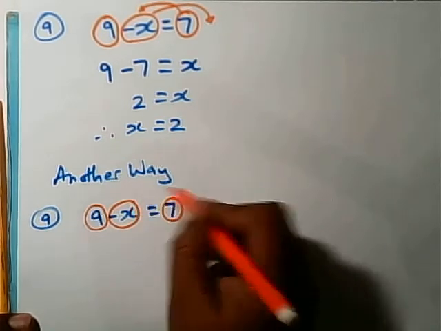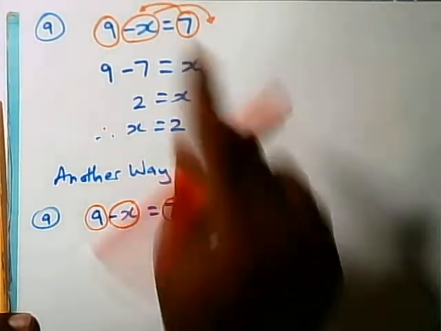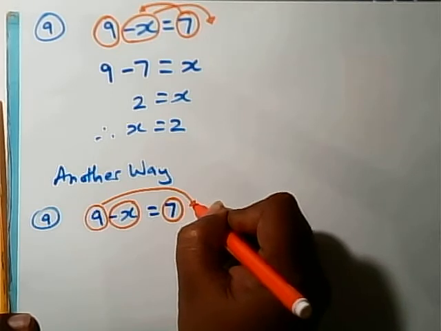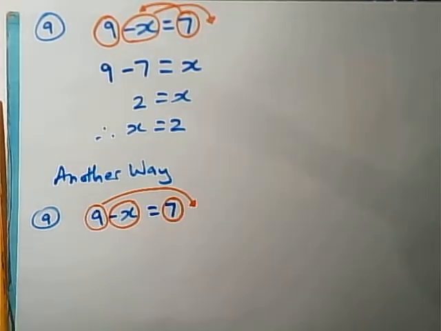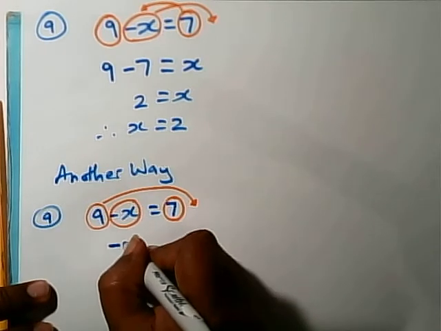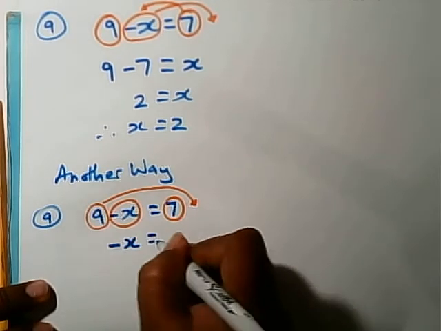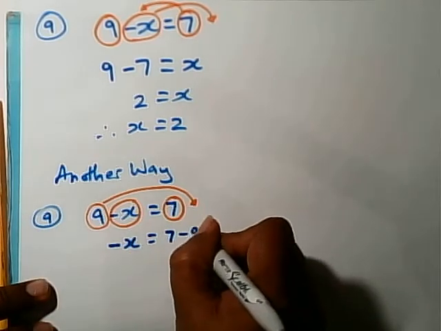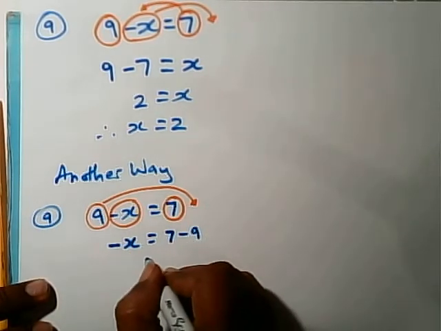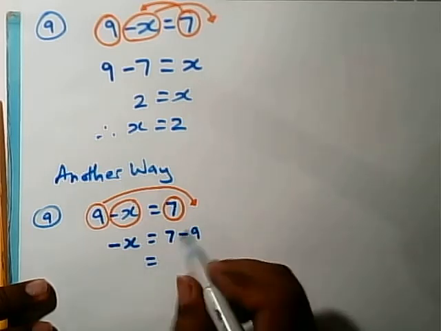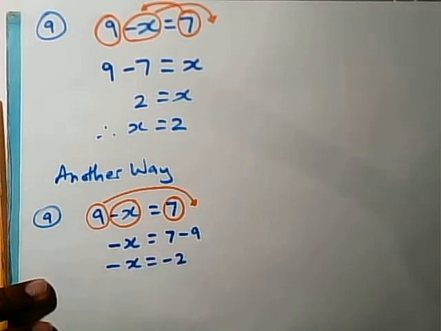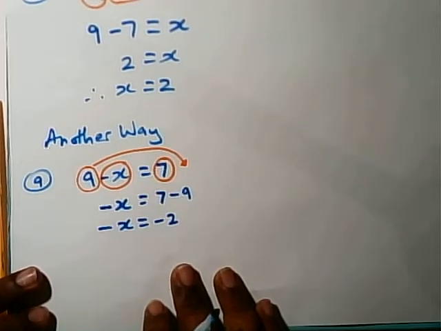Instead of moving the minus x across like what we did up here, let's move the 9 across. We end up with negative x still here. We have the 7 here. The 9 is now minus 9. You'll end up with 7 take away 9 is minus 2. Minus x equals minus 2.